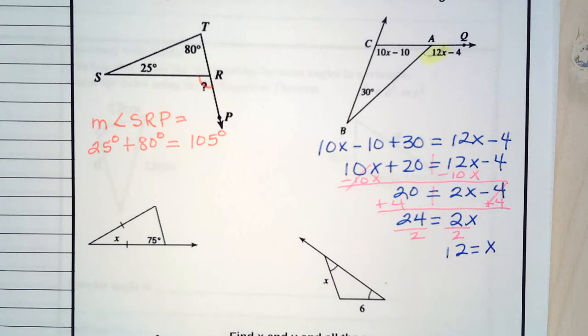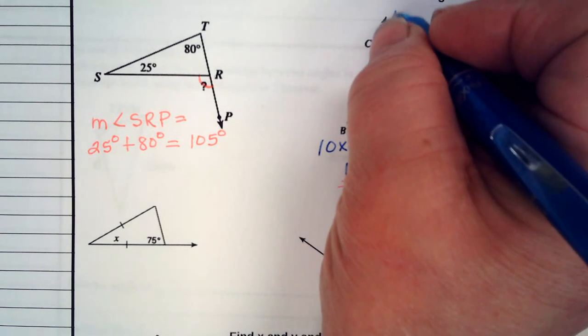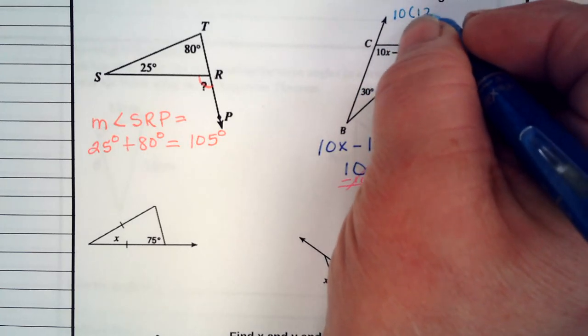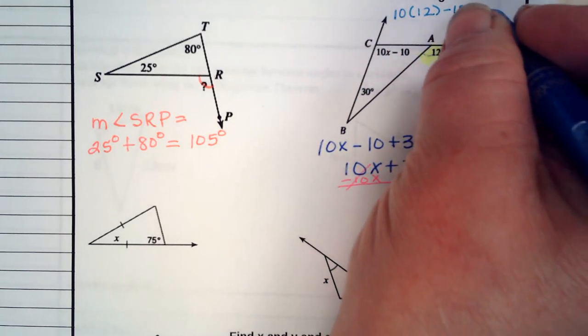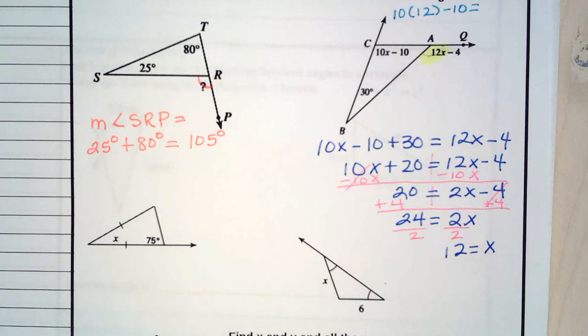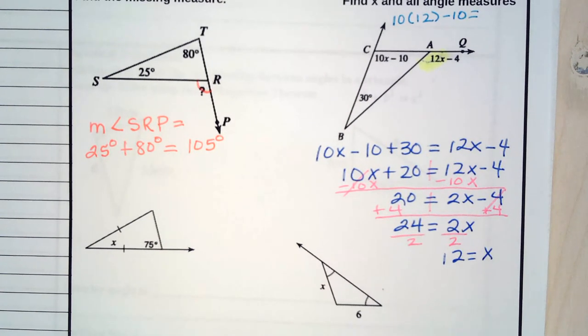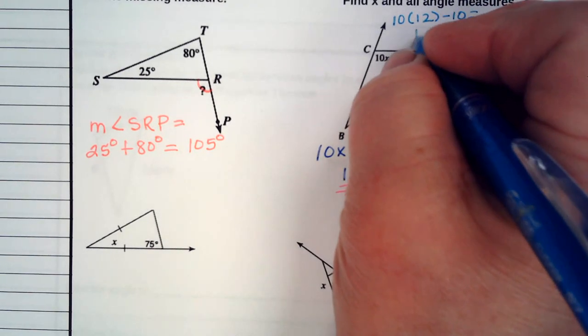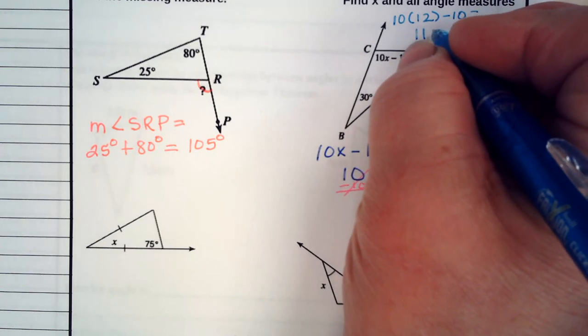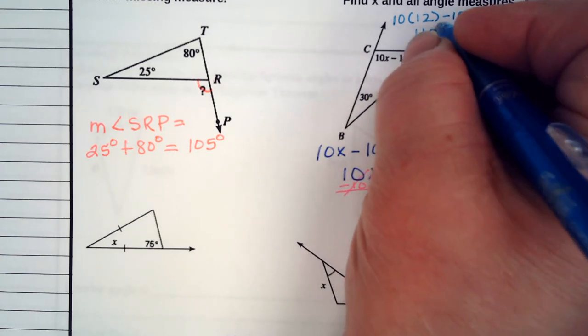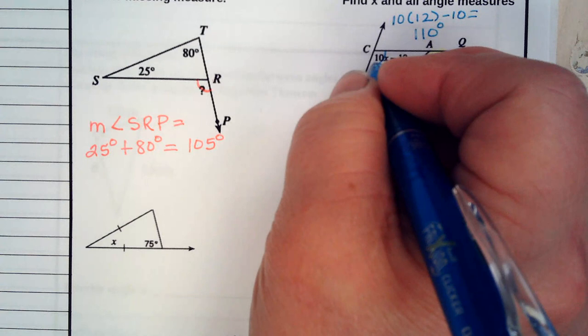So the first one, if I'm looking up here, will be 10 times 12 minus 10. 10 times 12 is 120. 120 minus 10 is 110. That will be this one here.